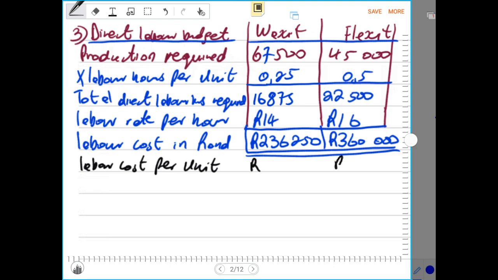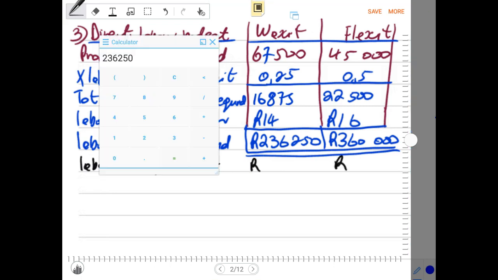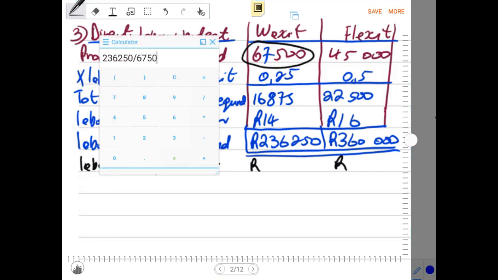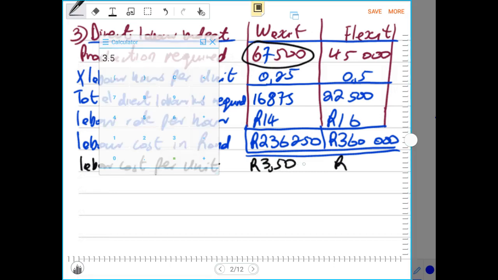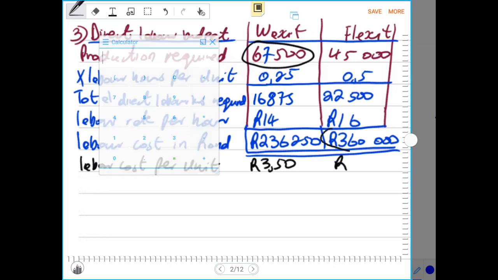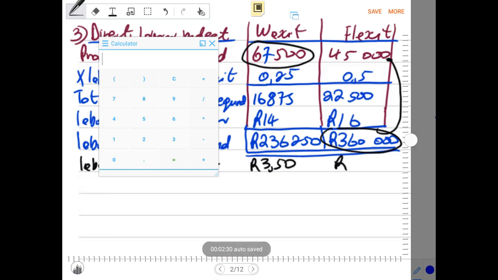If it was required to be calculated per unit, you'll just say 236,250 divided by 67,500, because these are the units that you want to produce. This will give us 350 cents per unit. Then the same thing, we take the 360,000 and divide this by the number of units that you need to manufacture.